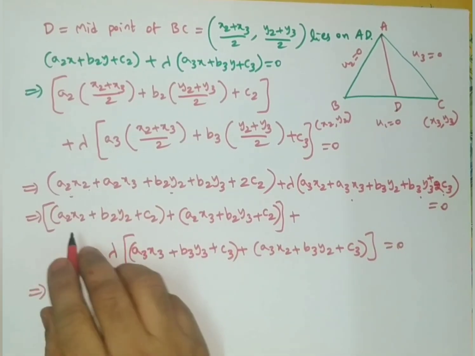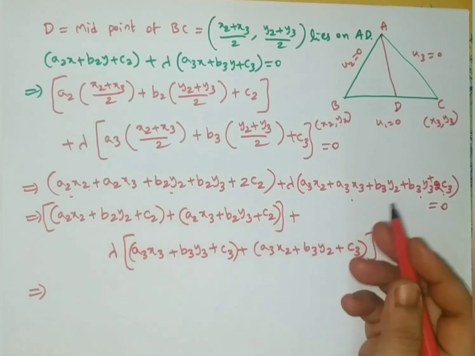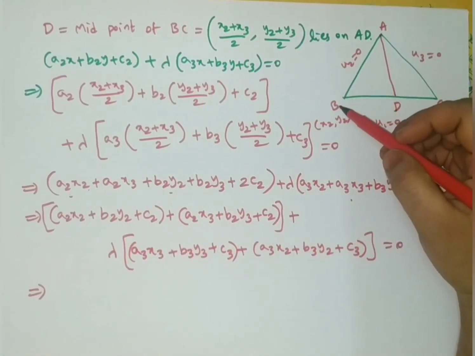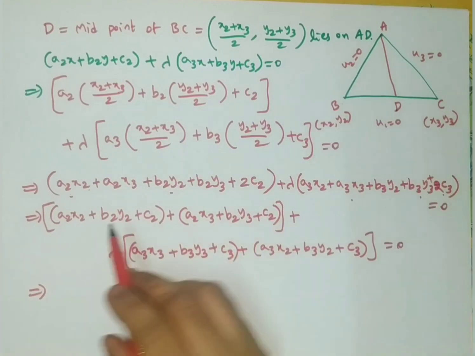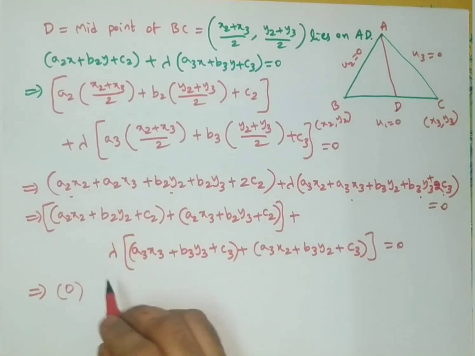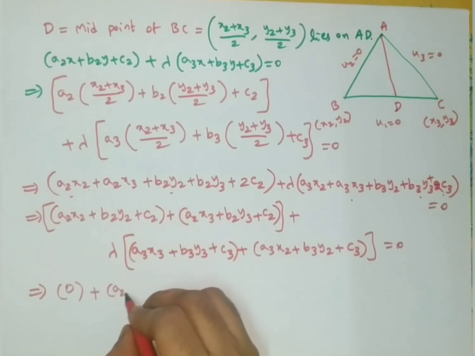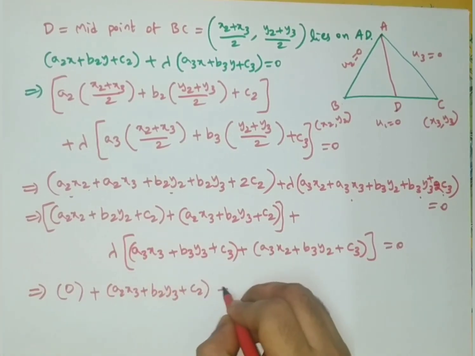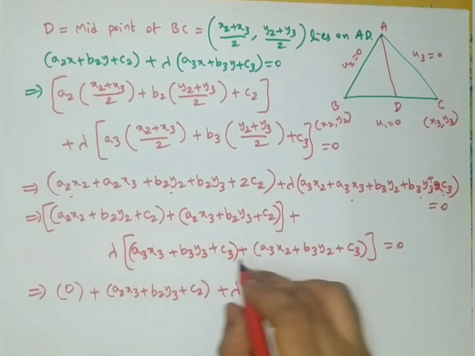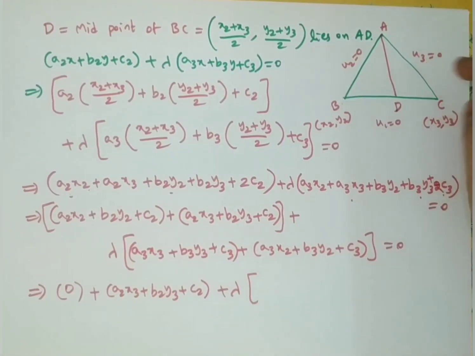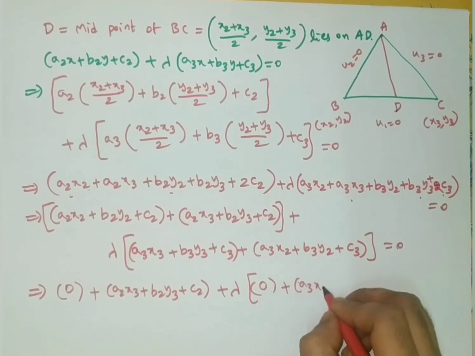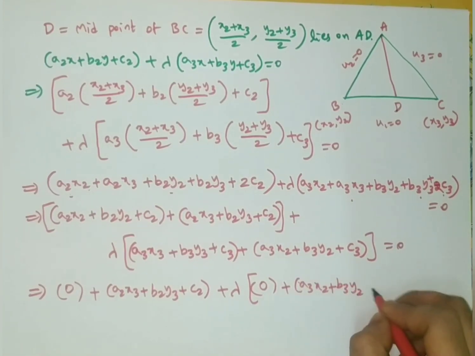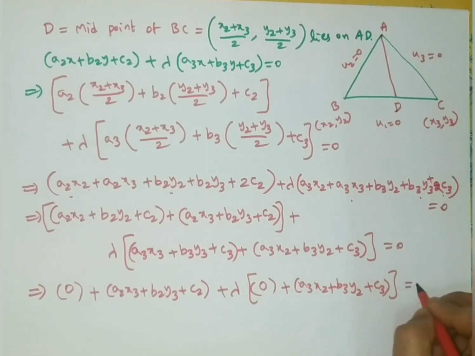That implies a2 x2 plus b2 y2 plus c2 is equal to, just now we proved that the point B lies on u2 is equal to 0, then this value we got 0. Yes, plus a2 x3 plus b2 y3 plus c2 plus lambda into this one also. If the point C lies on u3 is equal to 0, then a3 x3 plus b3 y3 plus c3 is what? 0. Plus a3 x2 plus b3 y2 plus c3 is equal to 0.